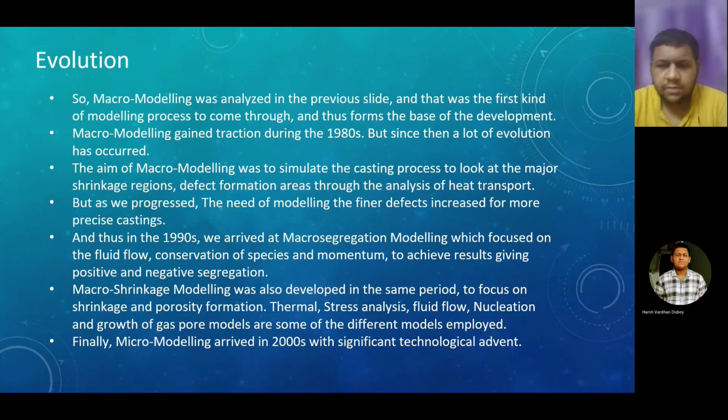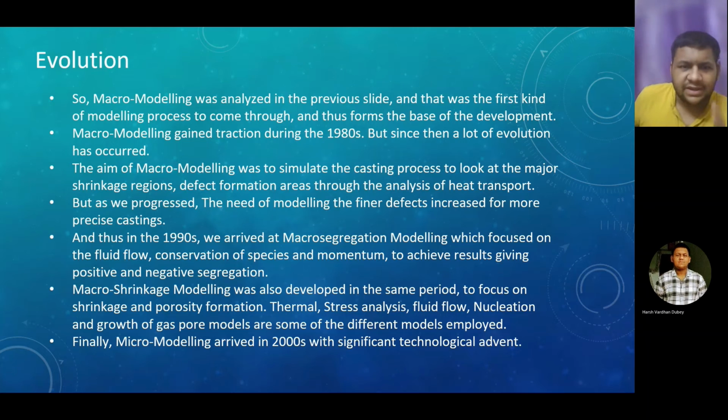But as we progressed, there was a requirement of more detailed studies of the defects only. So shrinkage modeling development was there, porosity modeling development was there, and segregation modeling development was there, which all focused just on the defects which can occur during the casting.